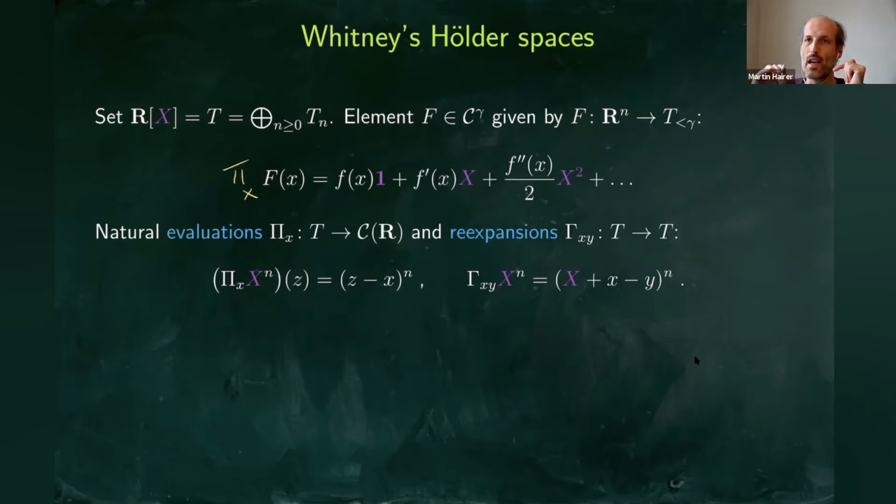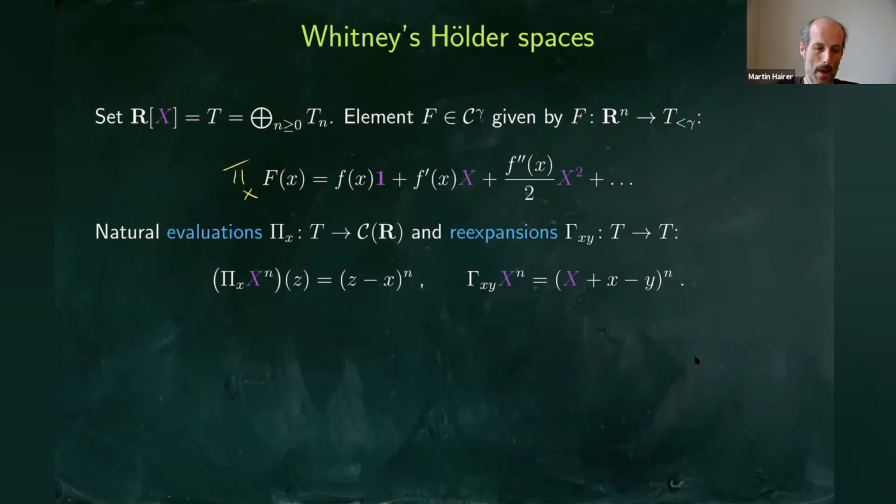And the other important property of polynomials in general is that if I have two base points, x and y, and a polynomial in z minus x, I can always rewrite it as a polynomial in z minus y. Because I can write z minus x to the k as z minus y plus y minus x to the k, and then just do the binomial expansion.